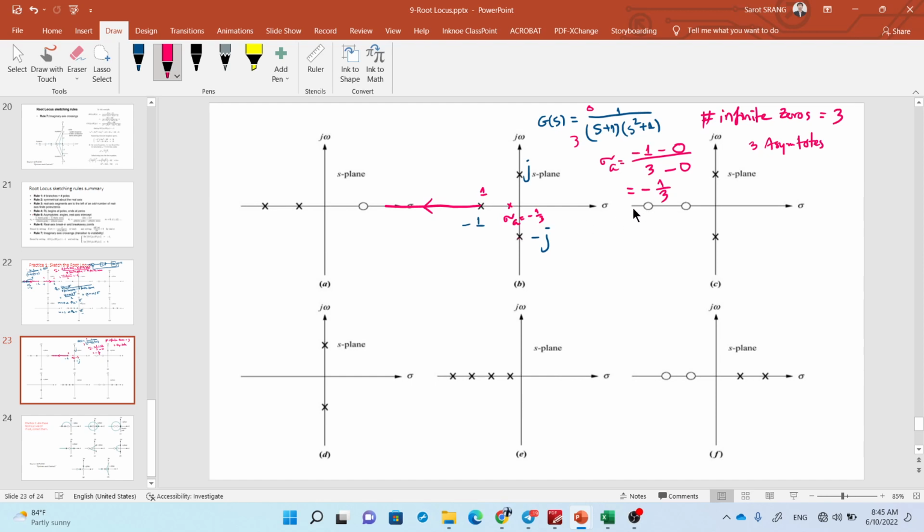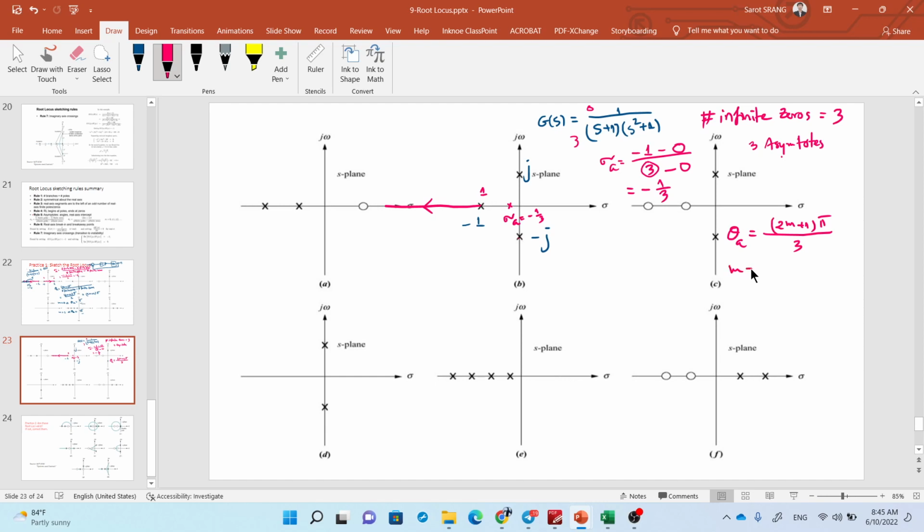And then angle. For sure, if the difference between finite poles and finite zeros is 3, it means we have 3 asymptotes, so just find the first 3 theta A, right? So theta A is (2m plus 1) pi over 3.